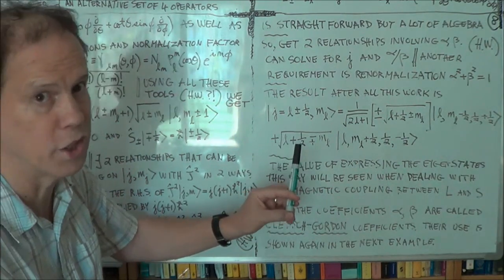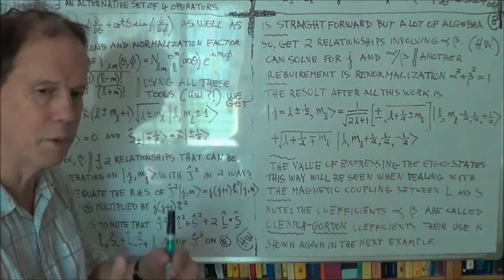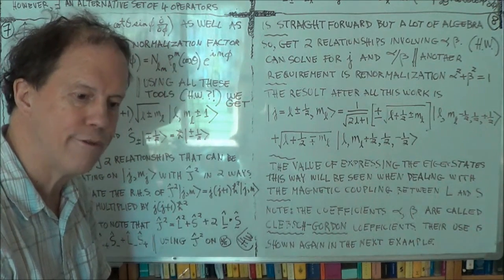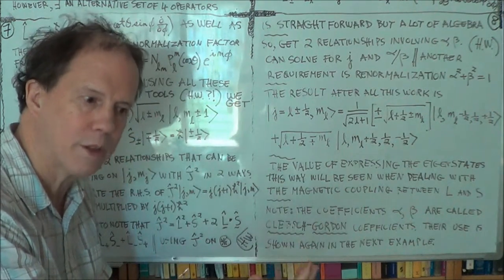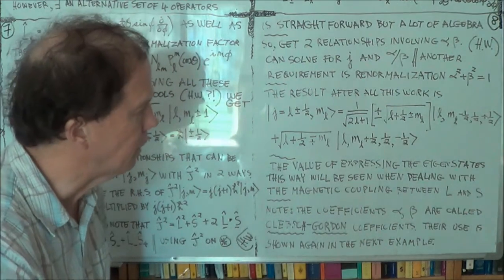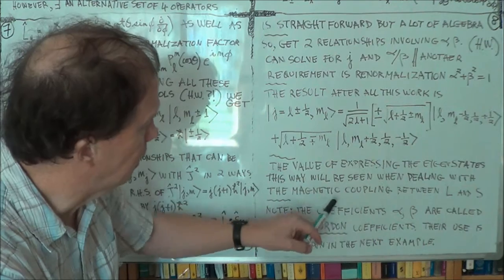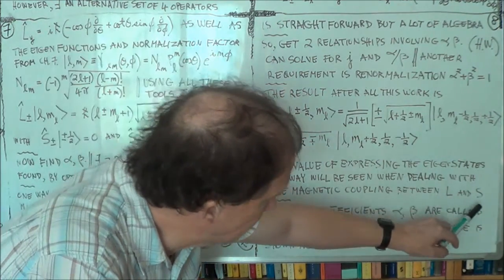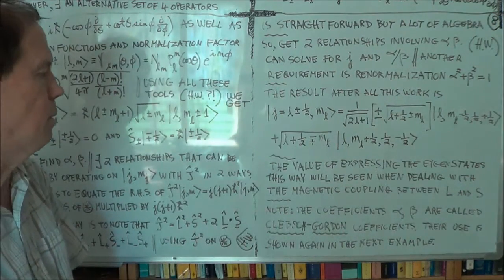There was a simplification in the model, but when your modelling becomes closer to the real world and you include more and more factors, in fact there is a small coupling, a magnetic coupling between the angular momentum and the spin angular momentum.